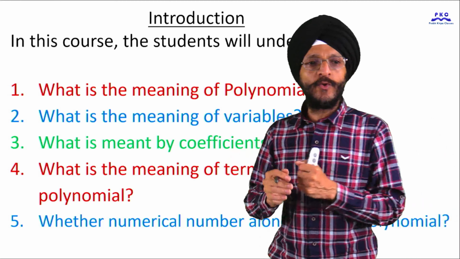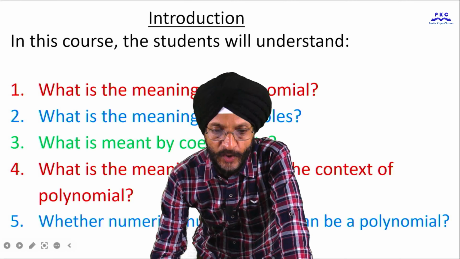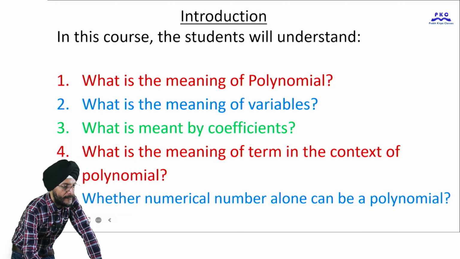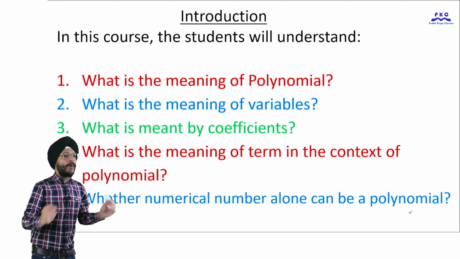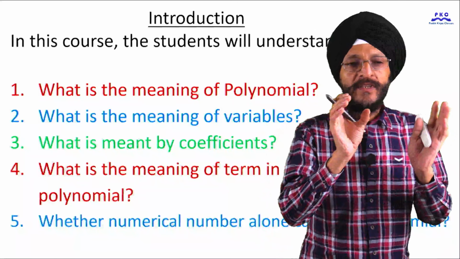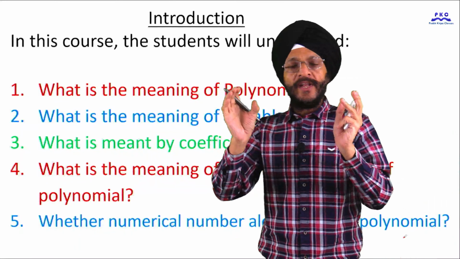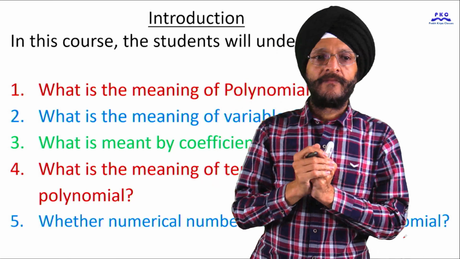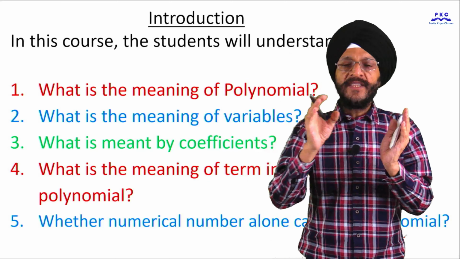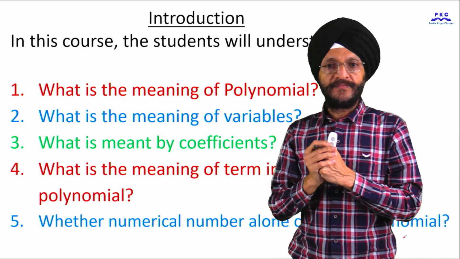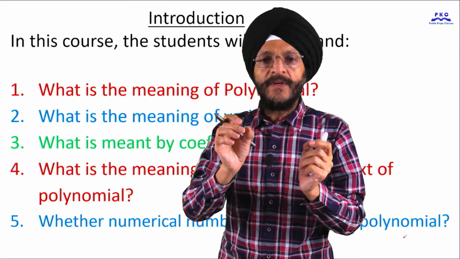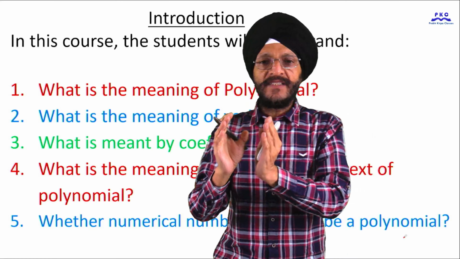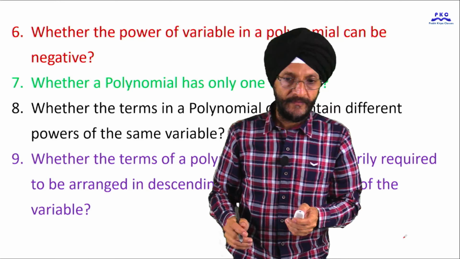The students will also understand that numerical number alone cannot be a polynomial, because numerical number alone can be constituted only as a constant, whereas in the case of a polynomial the term has to be a combination of coefficient as well as a variable.